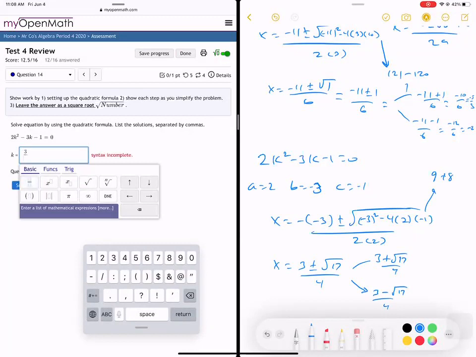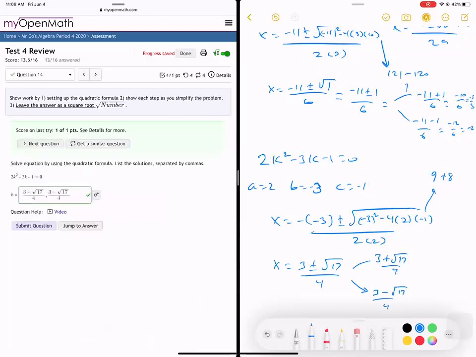So fraction 3 plus square root of 17, all divided by 4, comma, fraction 3 minus square root of 17 over 4. All right, that's what we got.